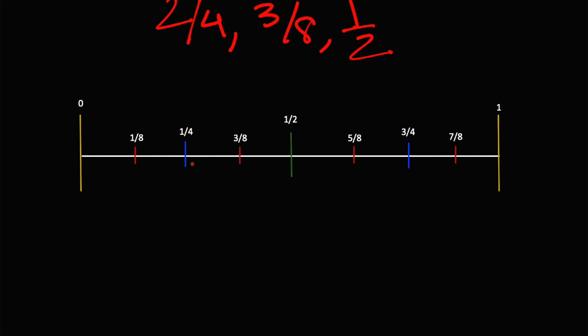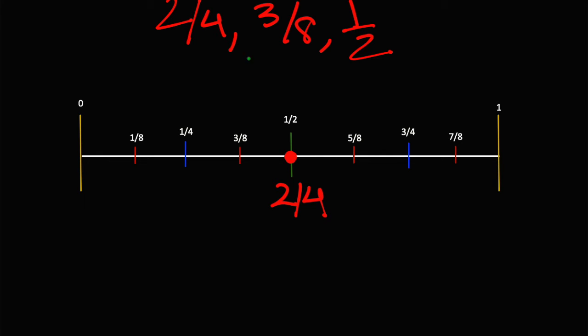Well, we can see that the distance from 1/4 to 0 is around the same as the distance from 1/4 to 1/2. Now that we know the distance is around the same, and also that 1/4 plus 1/4 equals 2/4, and that 2/4 and 1/2 are equivalent, we can say that this is the same as 1/2. So we know that 2/4 is right there.